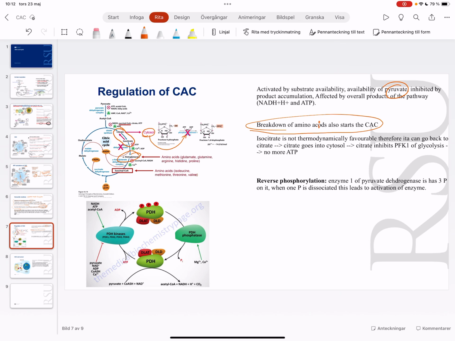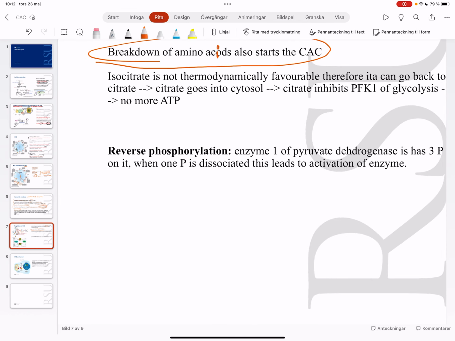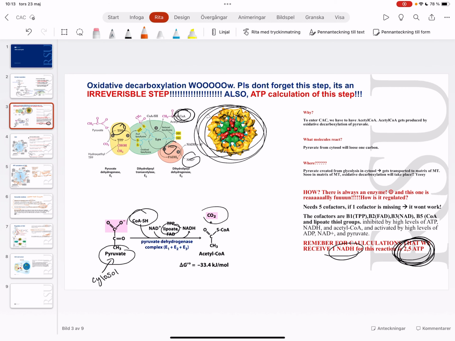Another thing we have is reverse phosphorylation of the enzyme pyruvate dehydrogenase. And maybe you remember that pyruvate dehydrogenase is the enzyme that is this one.